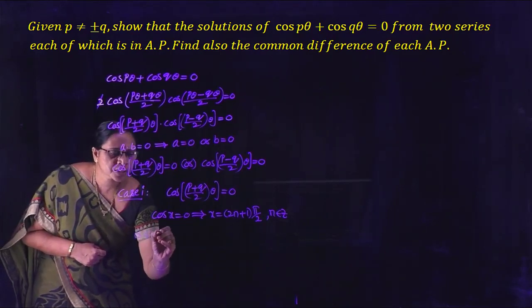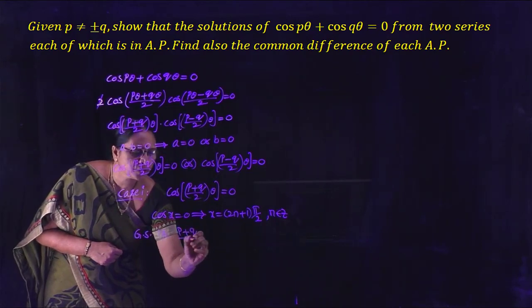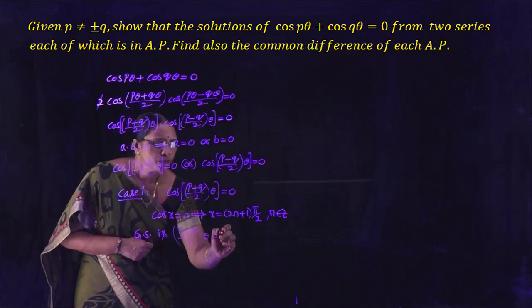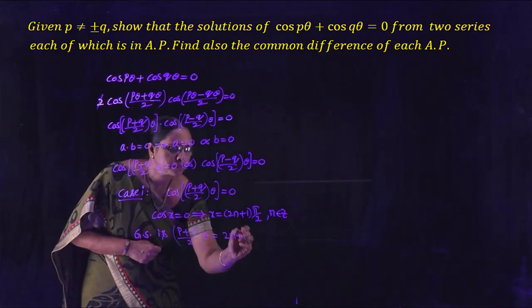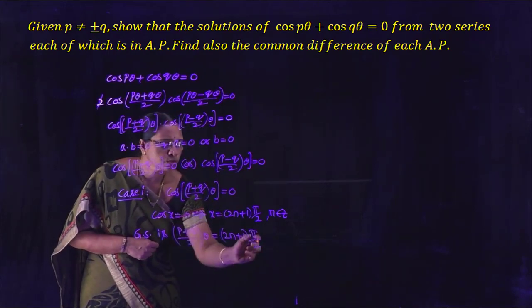General solution is p plus q by 2 theta equal to 2n plus 1 into pi by 2. Here 2 gets cancelled.